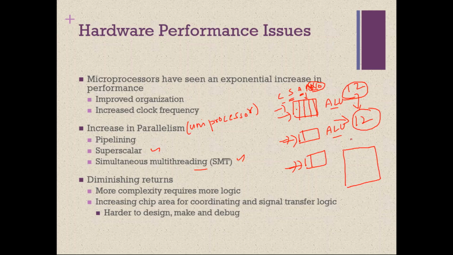Normally general purpose registers have only one set, like A1, A2 up to A16, but now you may have multiple sets. As you have three ALUs, let us have multiple sets of general purpose registers: set 1, set 2, set 3. With this, in a single clock cycle you can execute multiple threads in parallel.